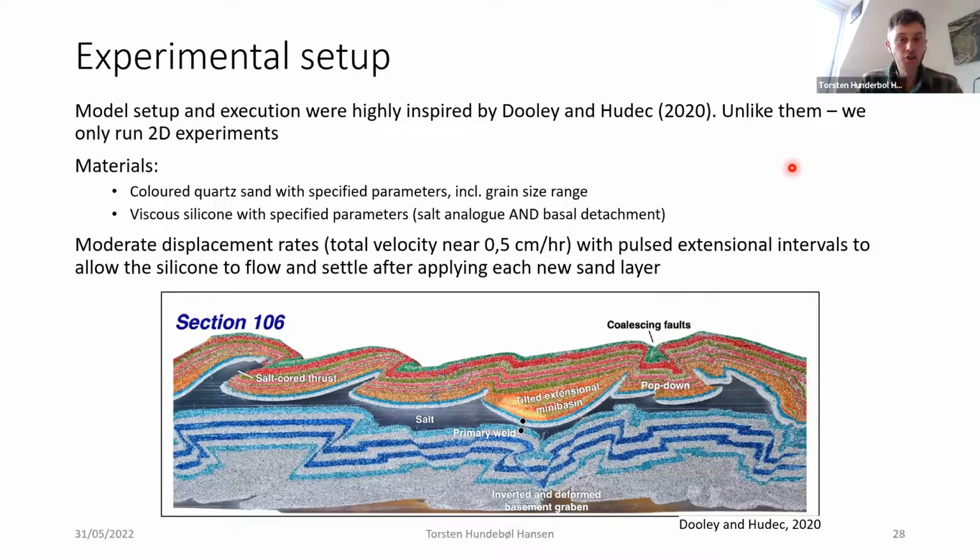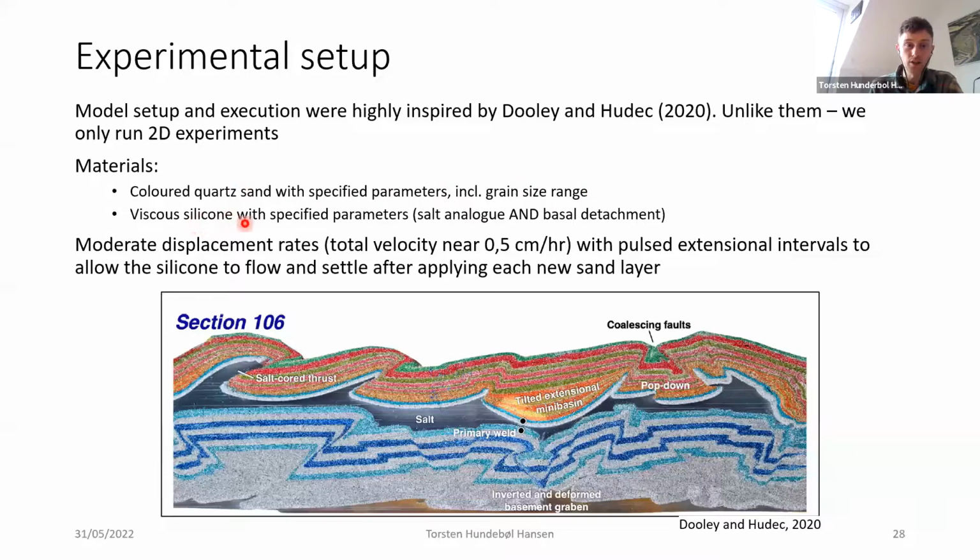I'm not going to get into too many details about the materials and scaling properties and things like that. But we're basically using colored quartz sand with specified parameters, for instance, grain size range.